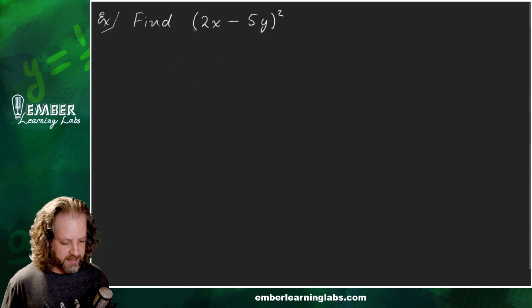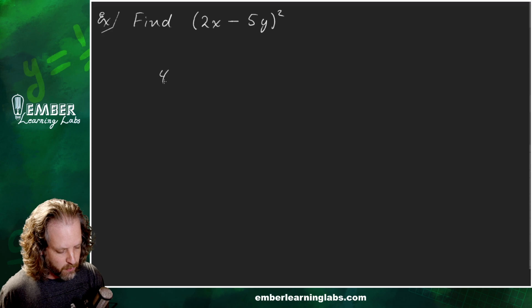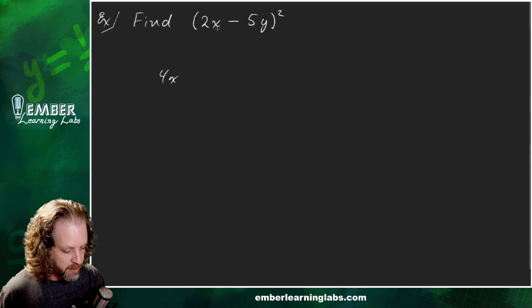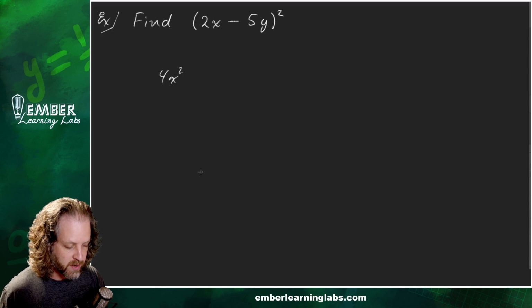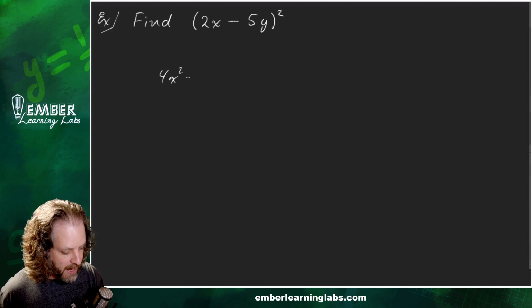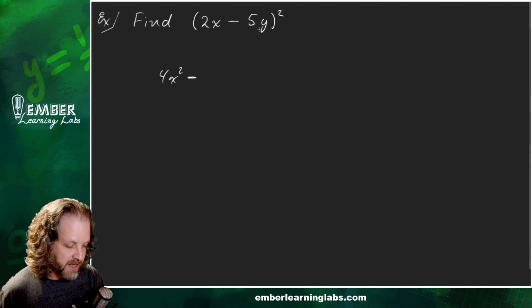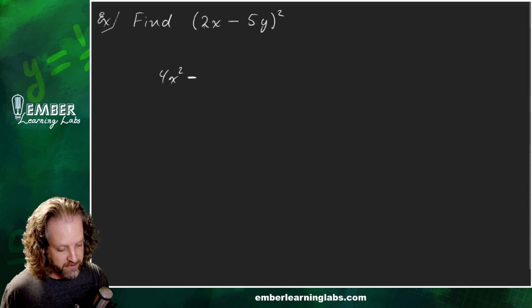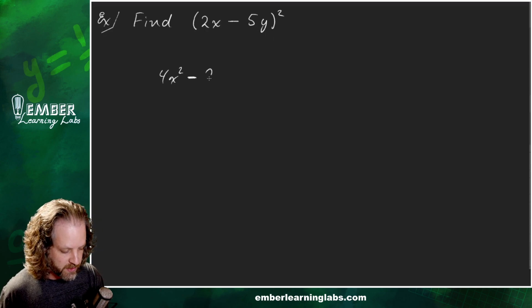So the first one is this squared. So 2x squared is 4x squared, because we got to square both of them. And then minus, because positive times the negative is minus, 2 times 2 times 5 is 4 times 5, which is 20.